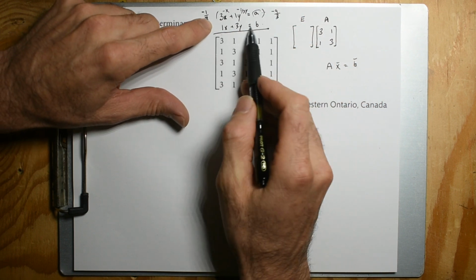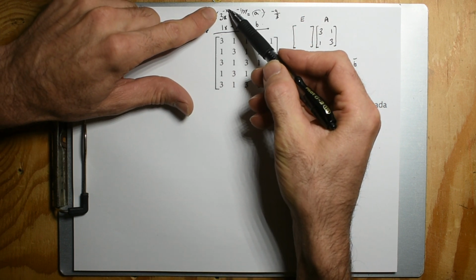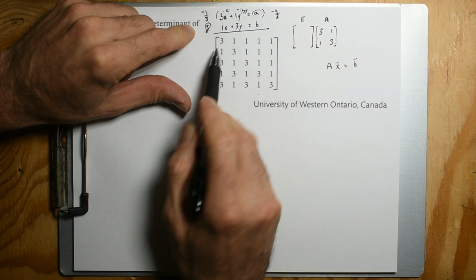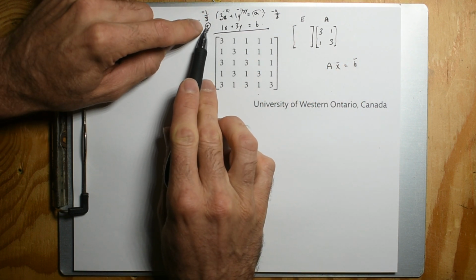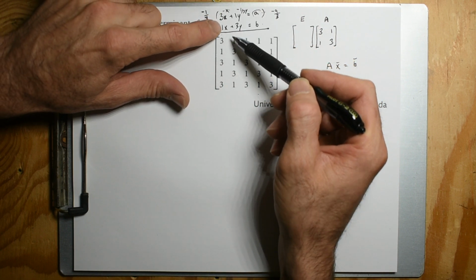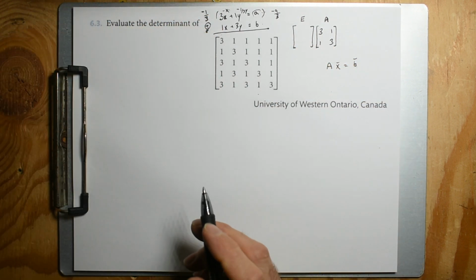Then I add these, so we have negative 1 plus 1, which gives us 0x. So that's how we get that to be 0.